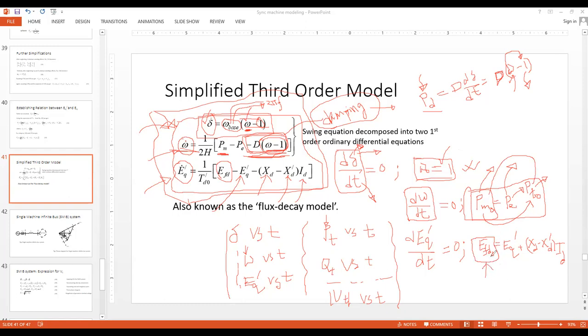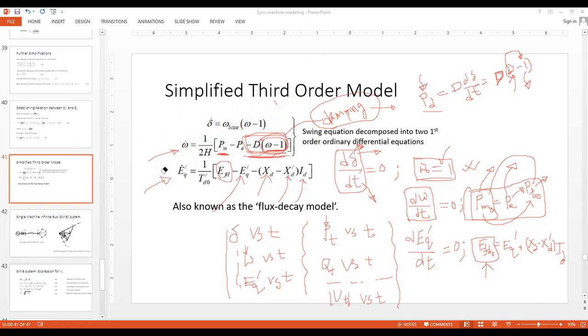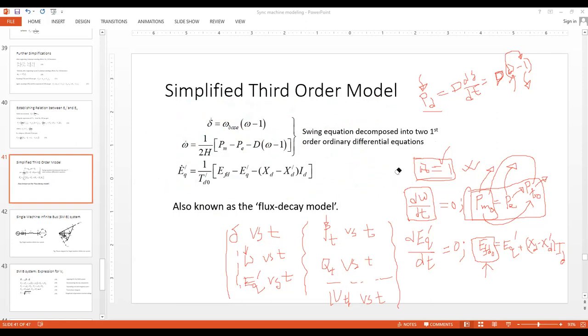This EFD is nothing but some scaled version of the originally applied field voltage to the synchronous machine field circuit or rotor circuit. So now we are in a position to apply our Euler method or numerical integration method to solve the system equations, integrate them and find the trajectories, that is delta versus time, omega versus time, and Eq prime versus time.